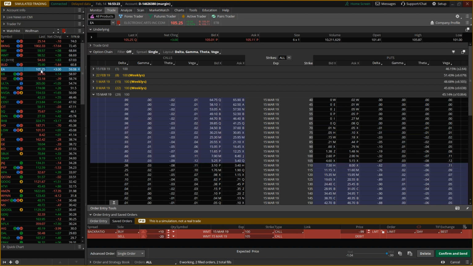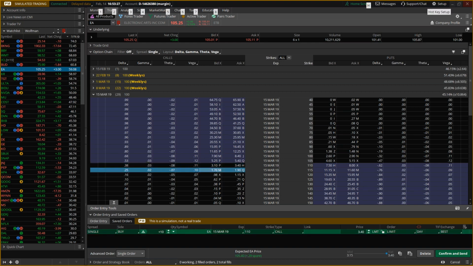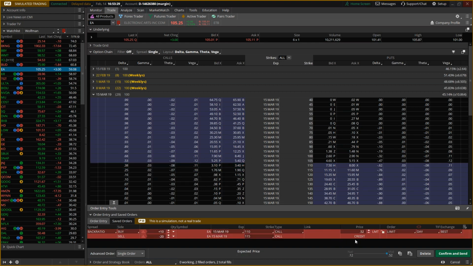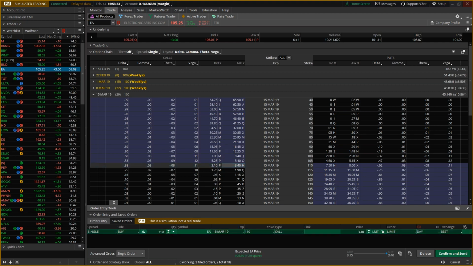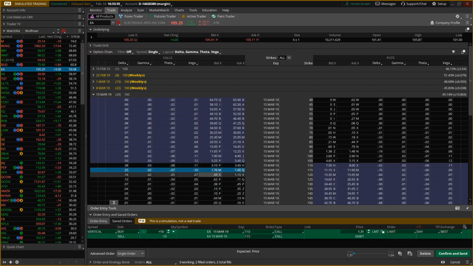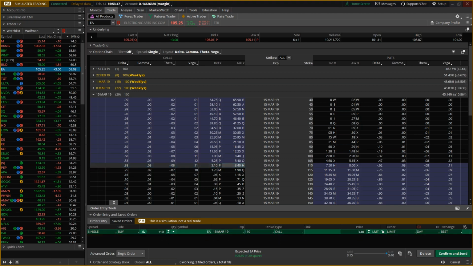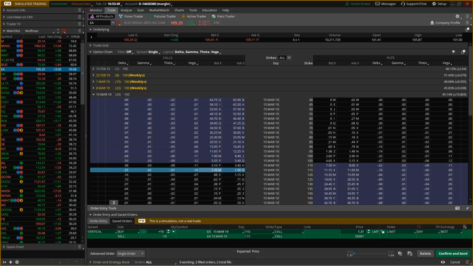But what I'm saying, for a front ratio spread, we buy this one, sell two of those. That is a front ratio spread. A back ratio spread would be buying two of these and selling one of those, and you're always going to do that for a debit. All right. It shows back ratio spread in the order. When I do that, if I buy two of those, it says back ratio.